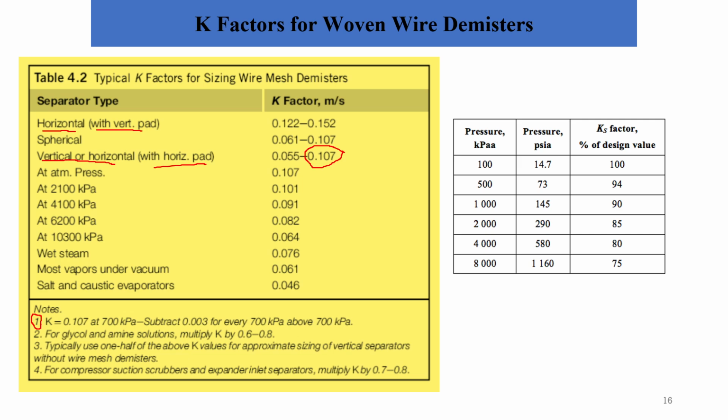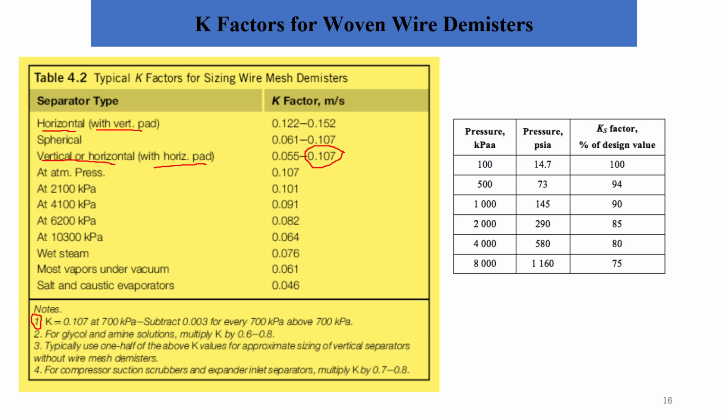So if I'm using a vertical or horizontal separator with the pad in the horizontal configuration, and my base value for K is 0.107, and I'm operating at 1400 kilopascal, the right value for K has to be 0.107 minus 0.003. So the actual value will be different from 0.107.